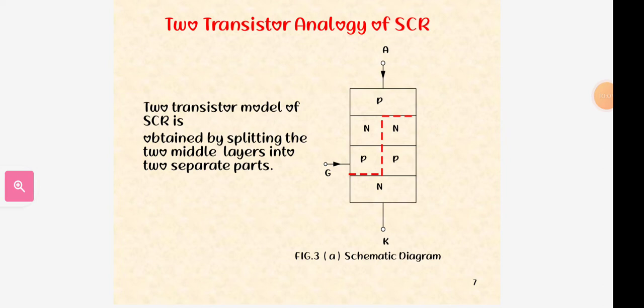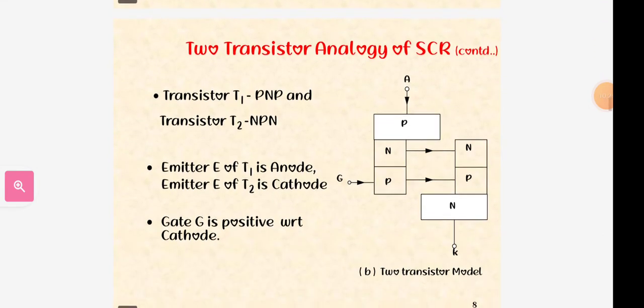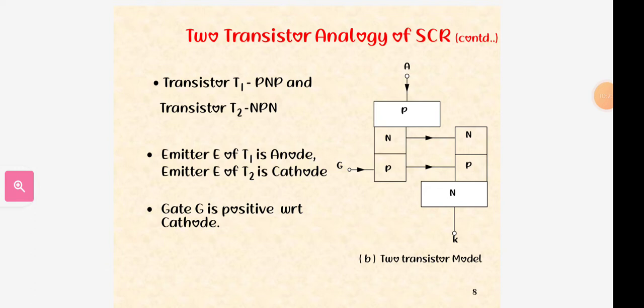This is the circuit representation of a thyristor using PNP and NPN transistors, the schematic diagram of the two transistor analogy of SCR.